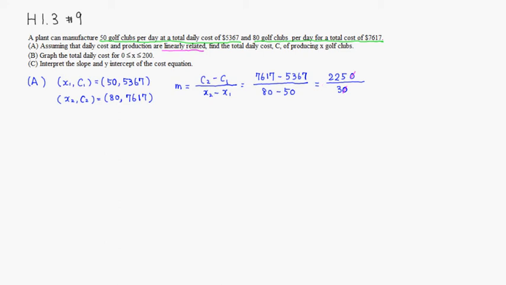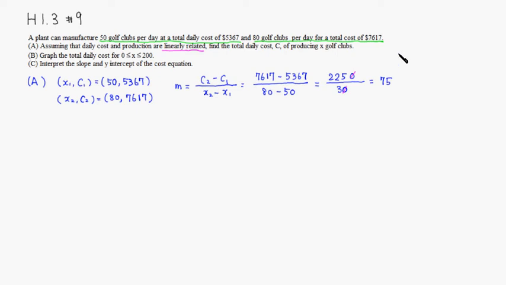Then 225 divided by 3, we can squeeze in 7, 75. So the slope is going to be 75.